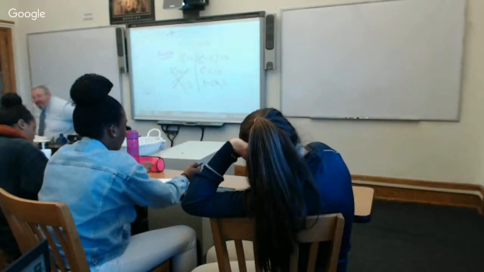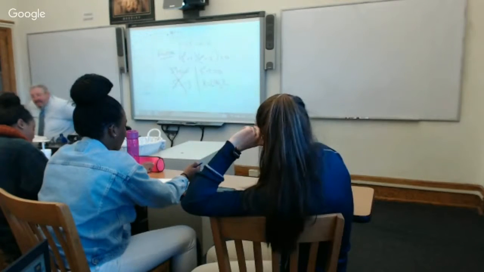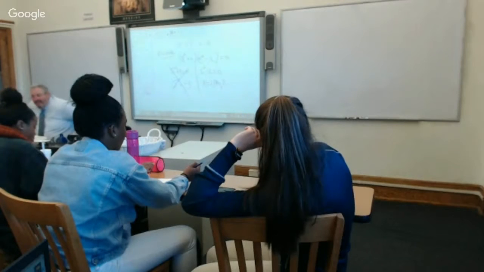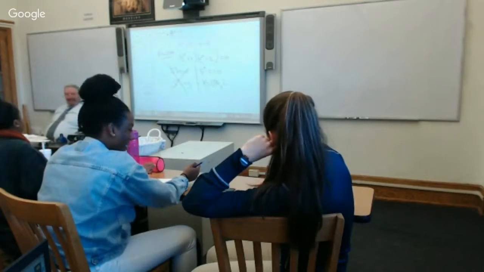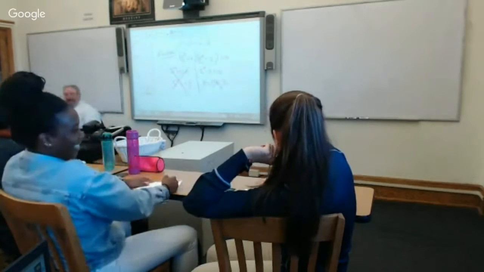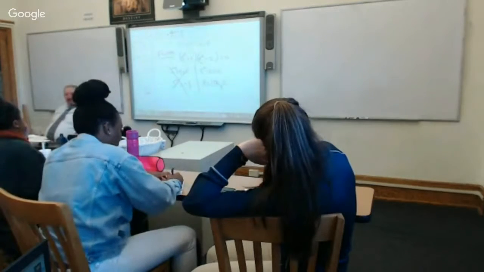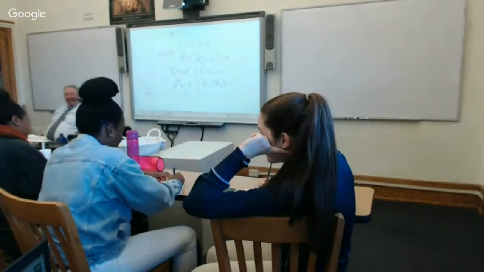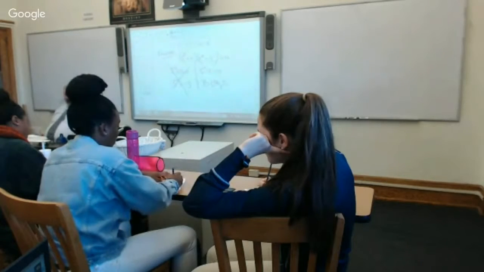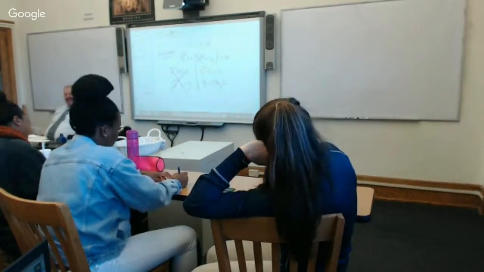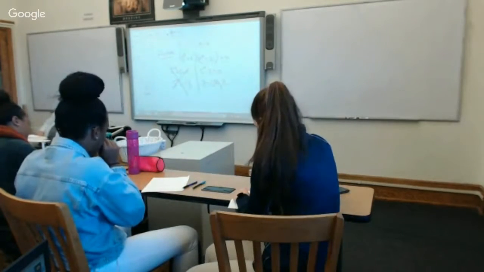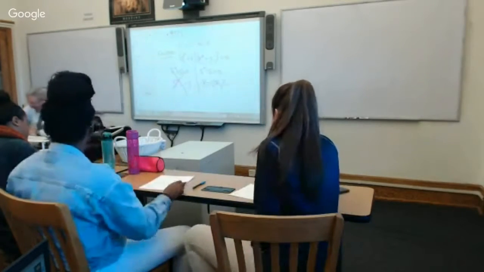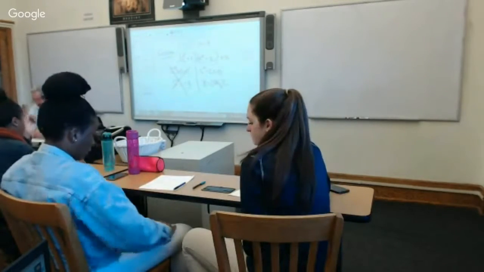I got x equals 2 divided by 0.1. Is it 20? Yeah, it's 20. 10 times 0.1 gives you 1, so 2 times 10 is 20. All right, good.